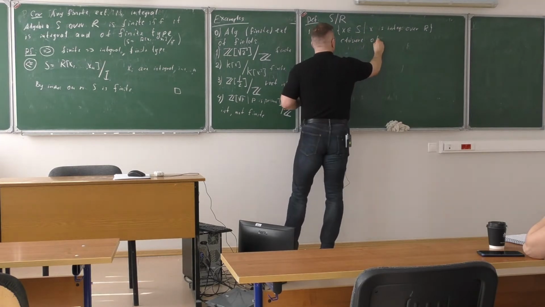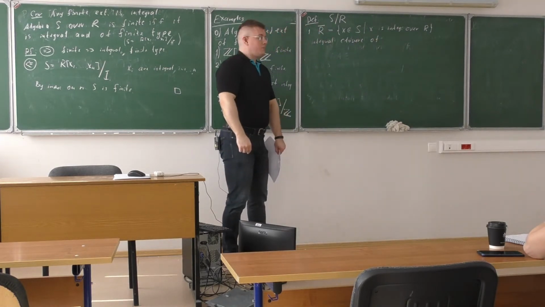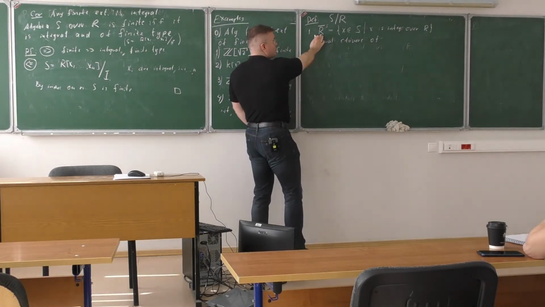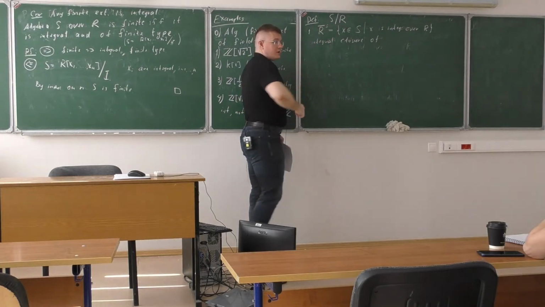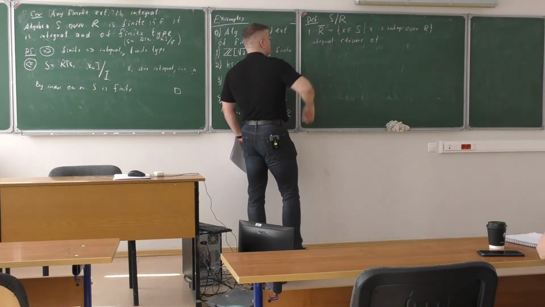S is just an extension. So this is why I wanted to write something like S, the integral closure of R inside an extension S. But let's assume that S is understood and use this shorter notation, just R bar.